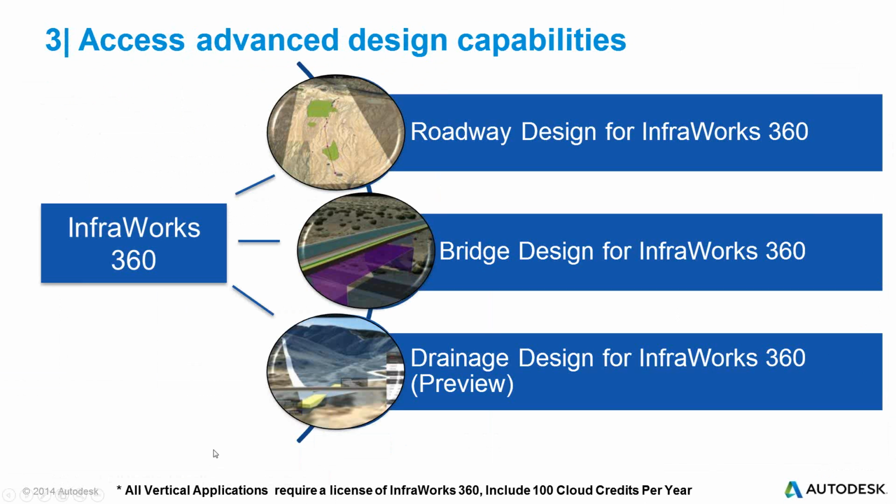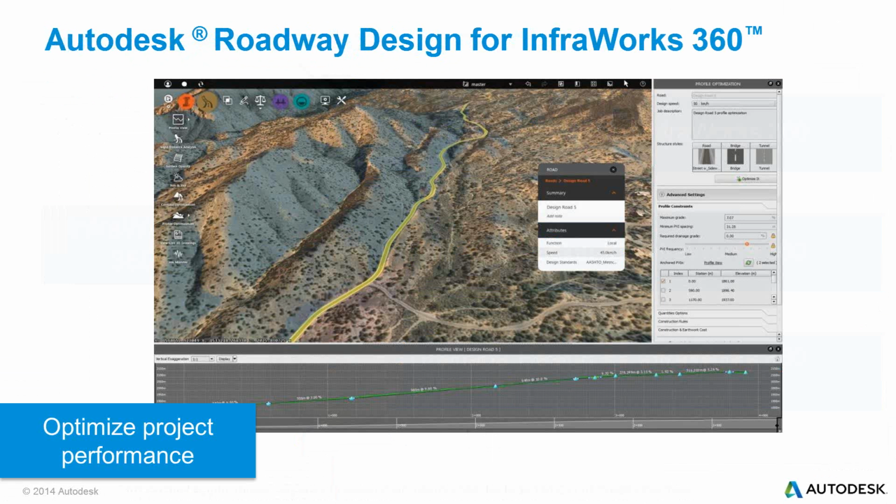All these vertical applications are used with InfraWorks 360, which includes 100 cloud credits per year. As an example, being able to optimize a project, I'm not going to look at it here. I will show you in the demonstration, but roadway design for InfraWorks helps civil engineers in transportation optimize roadways.